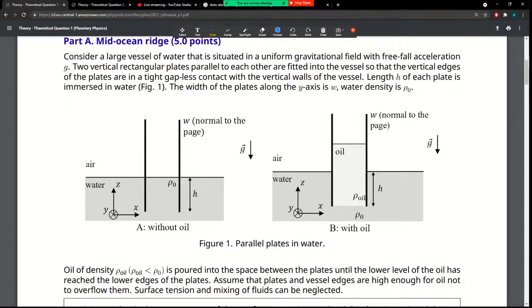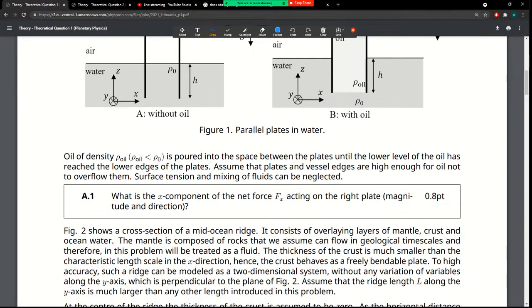Okay, and then oil of density rho oil is poured into the space between the plates until the lower level of the oil has reached the lower edge of the plates. Assume the plates and vessel edges are high enough for oil to not overflow them, and surface tension and mixing of fluids can be neglected.